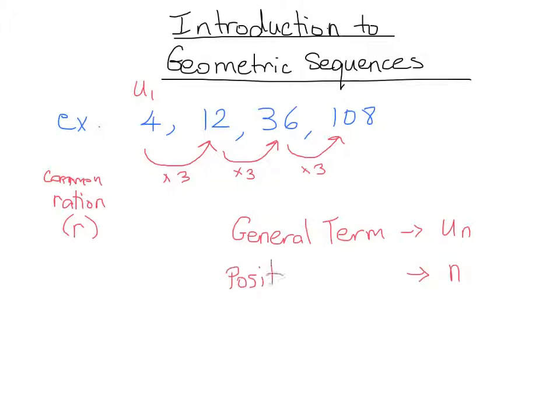So for example, if I'm looking for the 50th term, n is 50. If I'm looking for the 8th term, n is 8. So that's what n is. So now that we know all those wonderful letters and symbols, we can actually come up with the formula for finding any term in a geometric sequence.